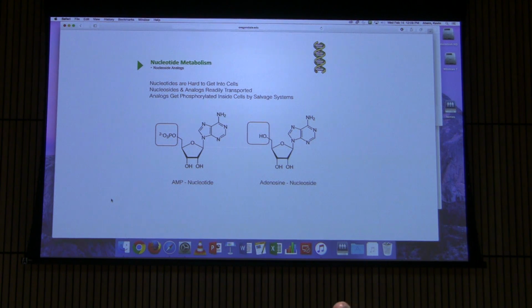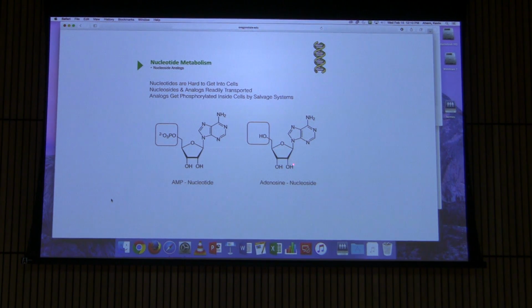You've seen that in many cases, movement of molecules across membranes requires membrane proteins that are specific for the molecules being transferred. Well, it turns out that's a consideration here as well, because if we compare AMP, which is this guy here that has a phosphate, with adenosine, the nucleoside that lacks the phosphate, there's a very big difference in the ability to get these two across a cell membrane.